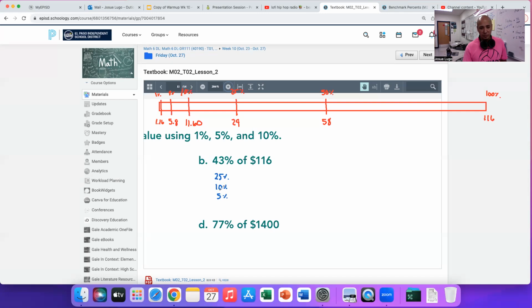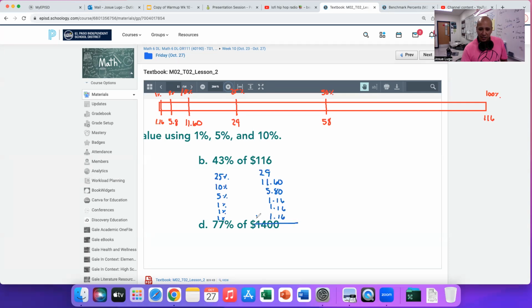Now I'm at 40%, and then add 3 of the 1%. So 25% was 29. 10% was $11.60. 5% was $5.80, because 5.8 is 5.80. And then 1% is $1.16, $1.16, and $1.16.